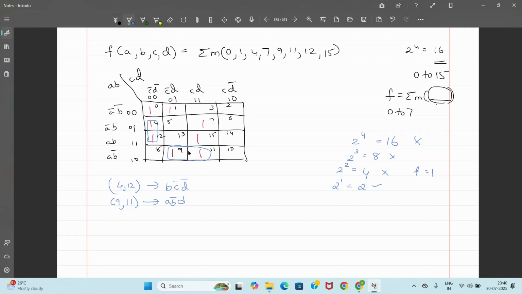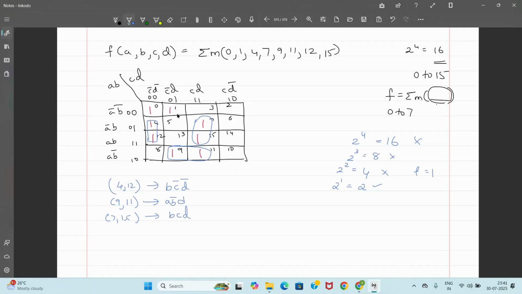Next, cell number 7 also has only one choice, that is to be grouped with 15. It does not have any other cell to be grouped with. So cell numbers 7 and 15 will be a pair, and the equation for that will be B, C, D.